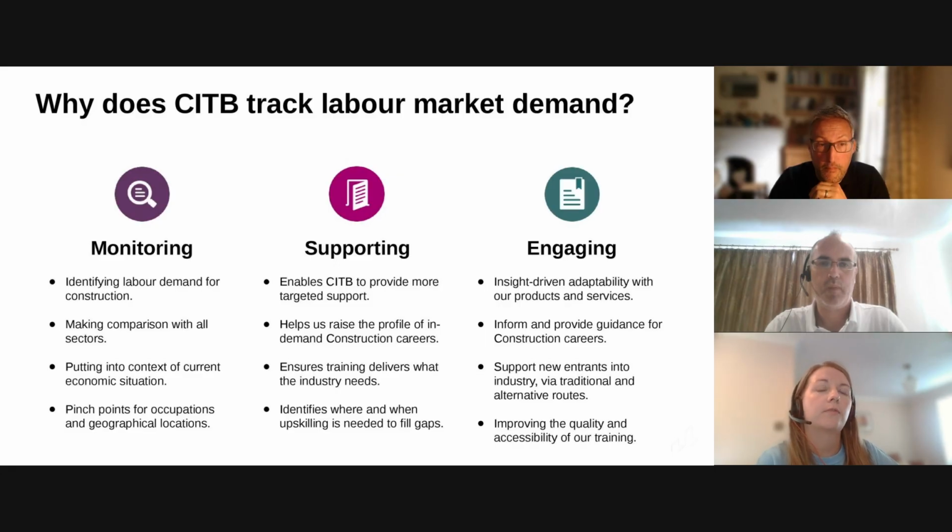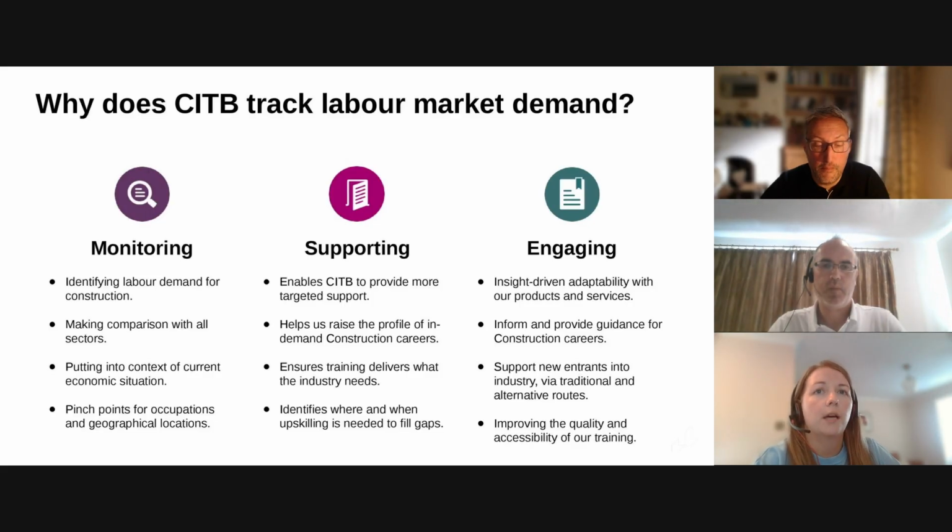We're able to track vacancy trends and the impact that an economic change in the environment can have on job listings. We are able to use Lightcast data to review vacancies at both a regional and occupational level, highlighting potential pinch points where demand is particularly high. So using this insight, CITB are able to consider how best to provide support to the industry in the areas it is most needed.